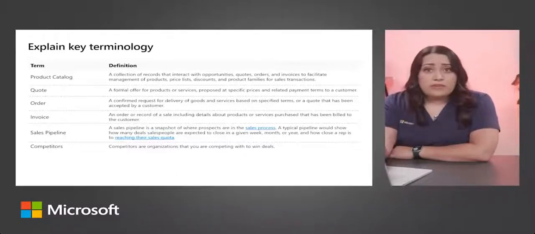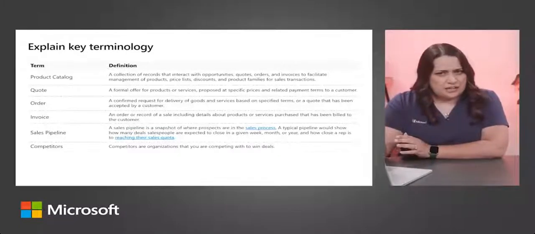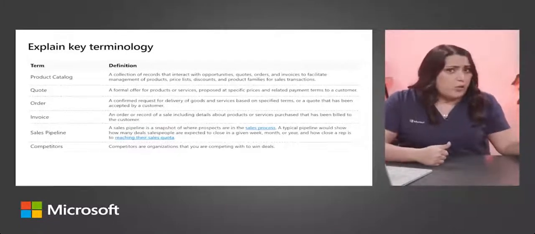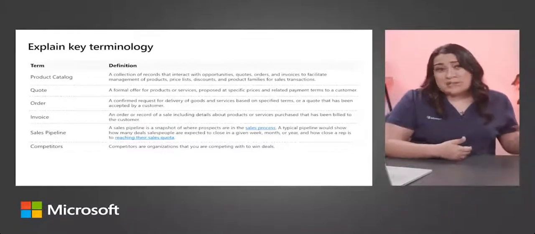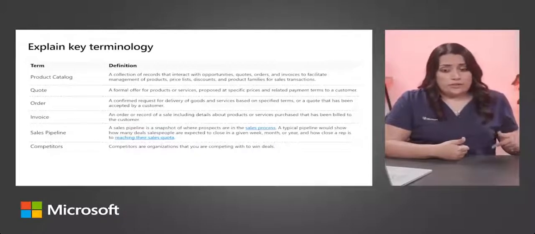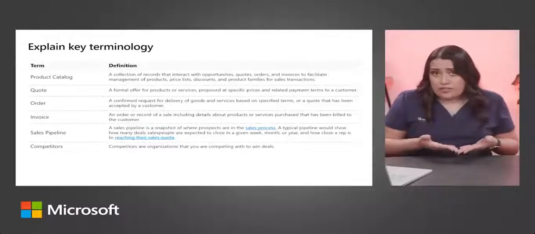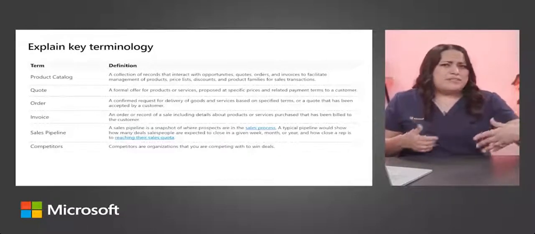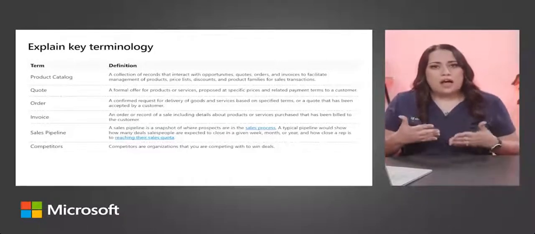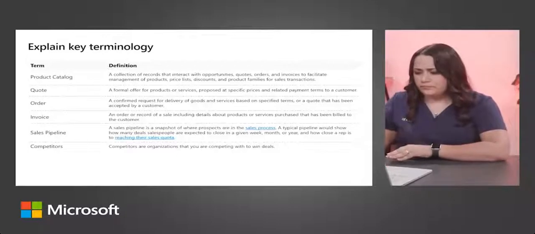But the final thing that we have here are the competitors, which are pretty easy to understand. These are other organizations who you might be going up against to close that deal and make that sale. Maybe they have similar products and services, or maybe they're priced lower than you. Either way, it's something that could be a potential blocker when it comes to closing that deal.